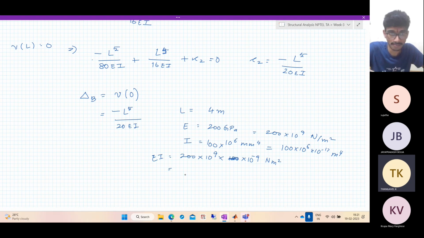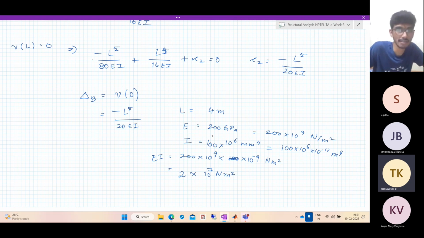This is nothing but 2 into 10 power 7 Newton meter square.